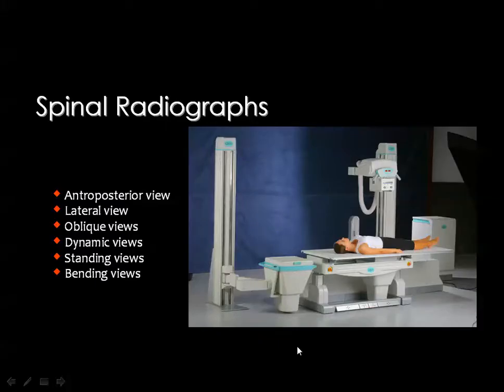And you know, we have many ways for evaluation of the spine. One of the most important of them is the plain X-ray or the spinal radiographs. In the spine, we may have the anteroposterior view, the lateral view, oblique views, dynamic views, standing views, and the bending views.